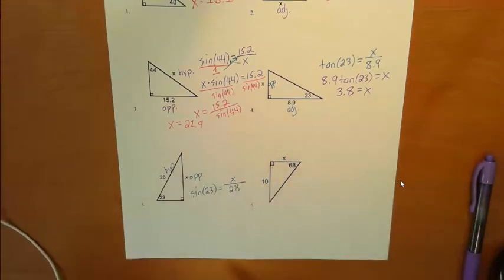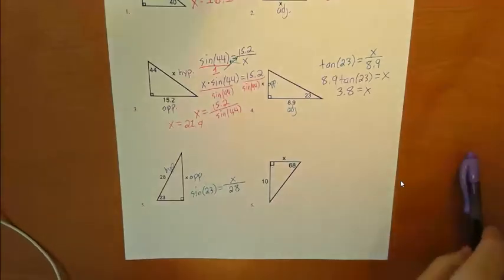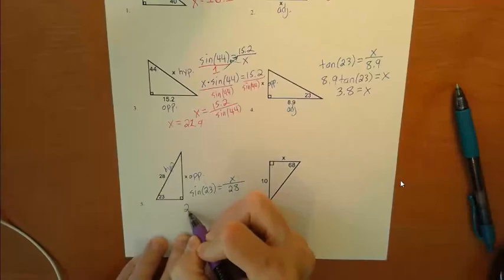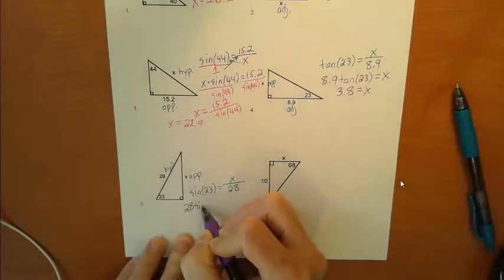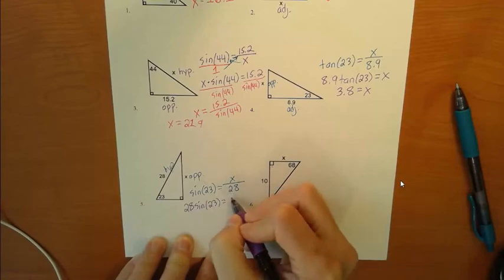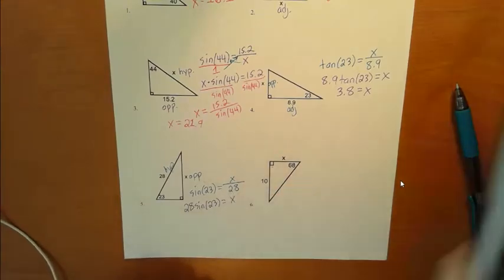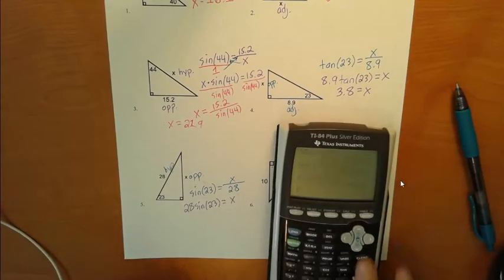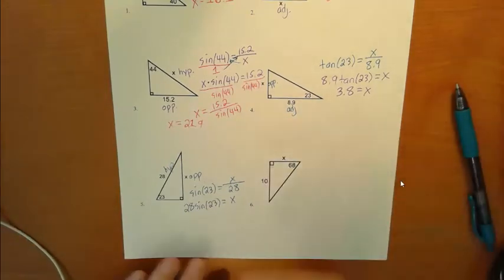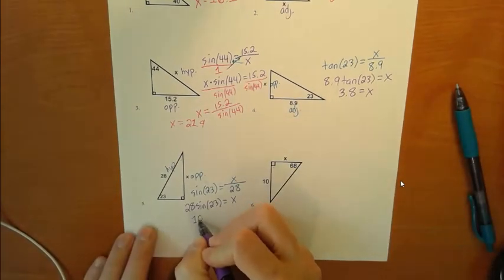And we can find that answer pretty easily by just multiplying by 28 on both sides, giving us 28 sine of 23. And that is going to be equal to x. And we find that answer using our calculator. And we get 10.94, which will round down to 10.9.